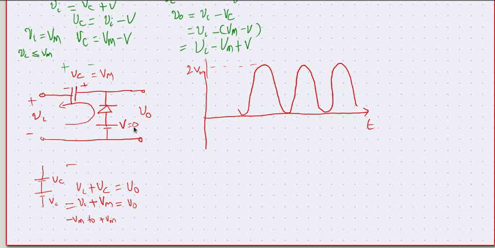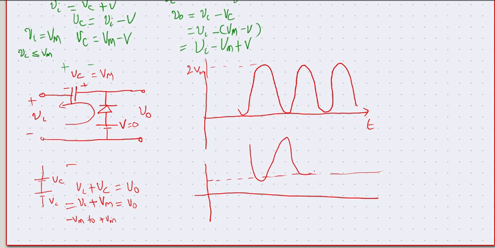If this is not 0, then what would happen is this gets as a minimum voltage, and because of which our clamping circuit output will be something at minimum at plus V, and maximum will be at V plus 2 Vm.